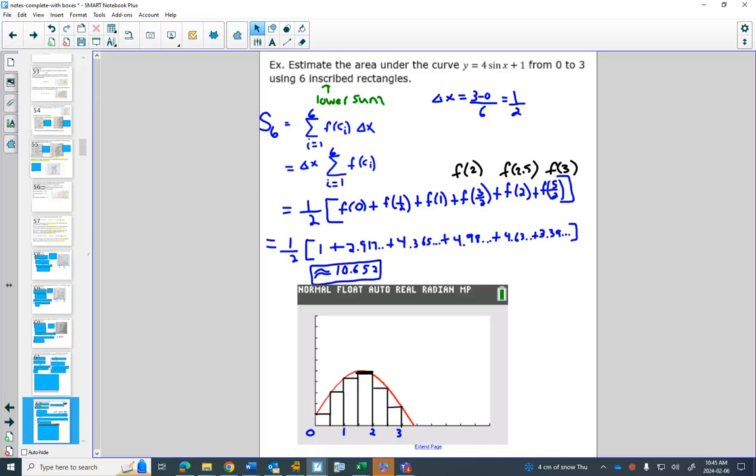So that answer, probably because we didn't use f of 2, f of 2.5, and f of 3, would be a little bit off in the end. But that's okay. The idea is there. So again, if you're adding up all of the inscribed rectangles, all of the lower ones, this should be an underestimate for the area under the curve.